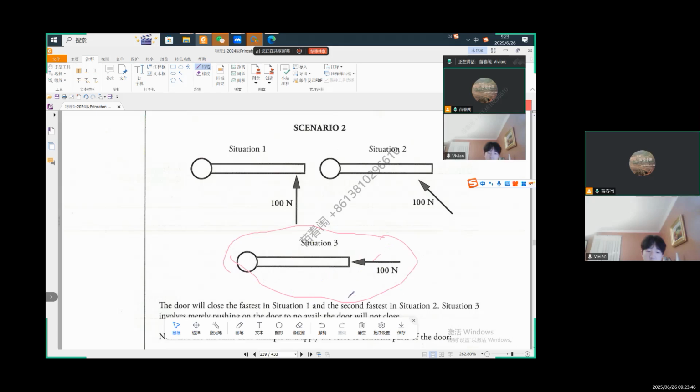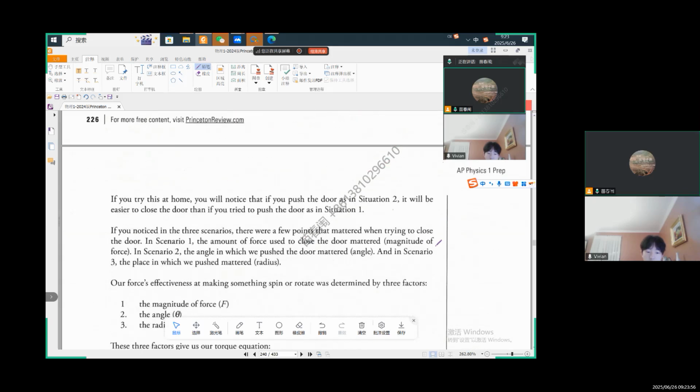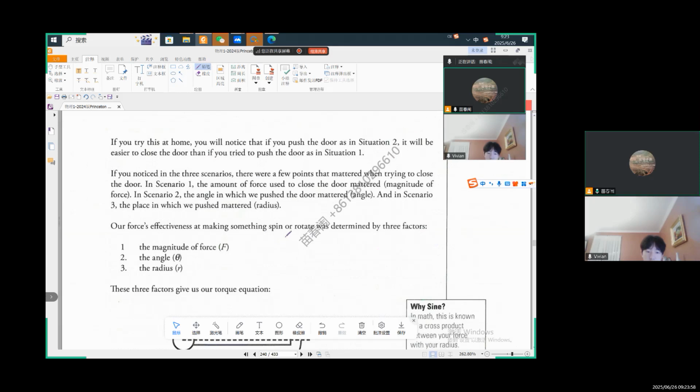You don't make a rotation here. So the more we do, we find these three things are connected with it. Of course, there are other factors, but it turns out all the other factors don't really influence the turning effect. Eventually, it's the force magnitude, the angle theta, and also the radius. Does that make sense?